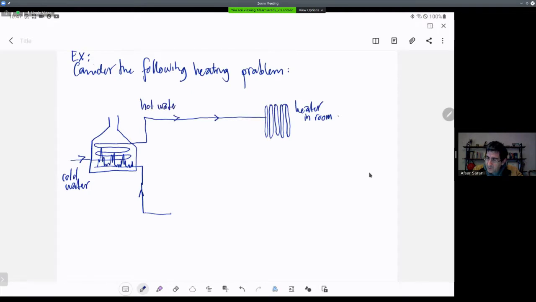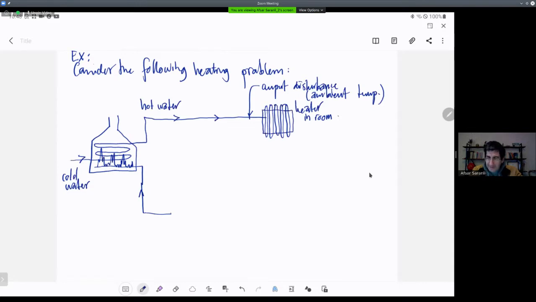Hot water here, and there is output disturbance. Okay, output disturbance, which is essentially the changing ambient temperature. Okay, so depending on what the ambient temperature is, obviously there is an effect on this output.